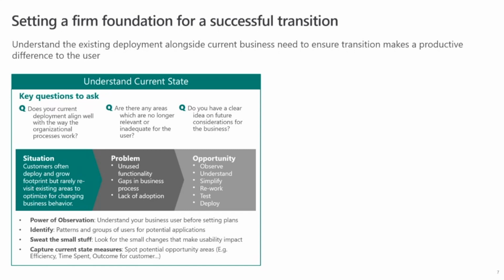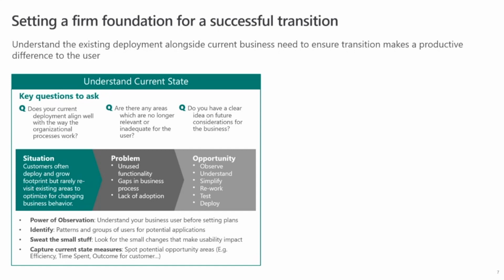Sweat the small stuff: look for the small changes that make an impact. And of course, what is really important, and this will be a common theme in this presentation, is to think about capturing the current state. Measure and spot potential opportunity areas.